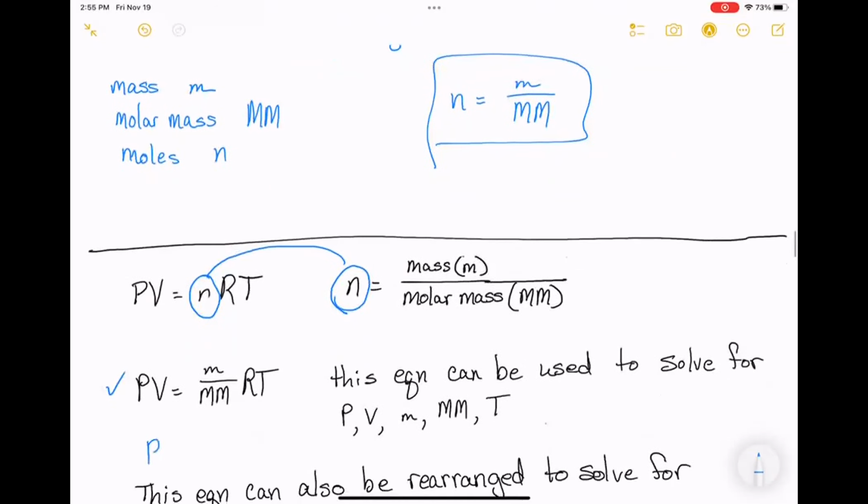Now, I tend to like to write it more as PV is equal to mRT over molar mass, simply because it's easier to work with. But what this new equation allows us to solve for is pressure, volume, temperature, but it also allows us to solve for the mass of the gas or even the molar mass of the gas. And if we can solve for the molar mass of the gas, then we can actually identify what the gas is. So it opens up a variety of more questions we could actually use.